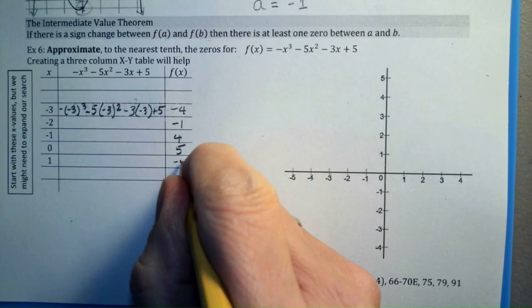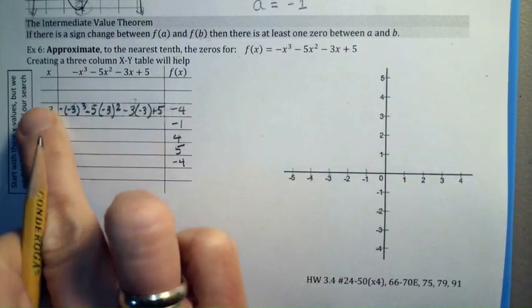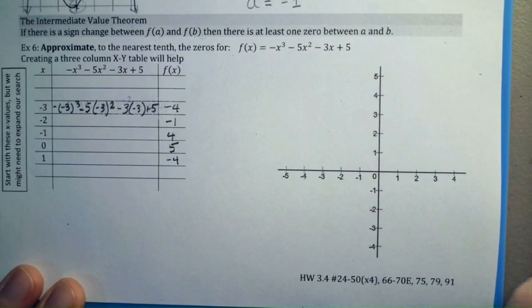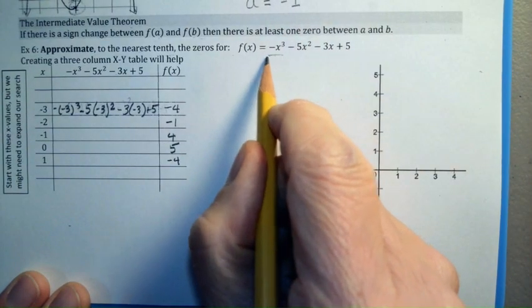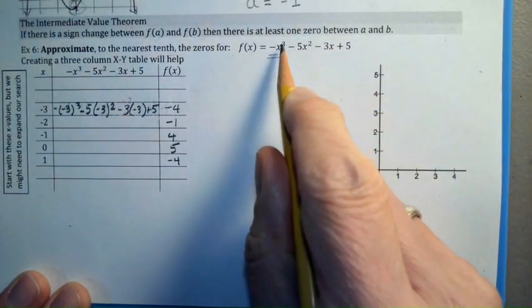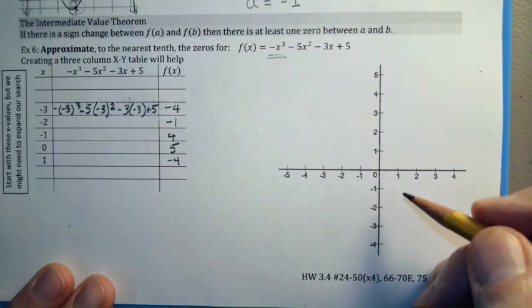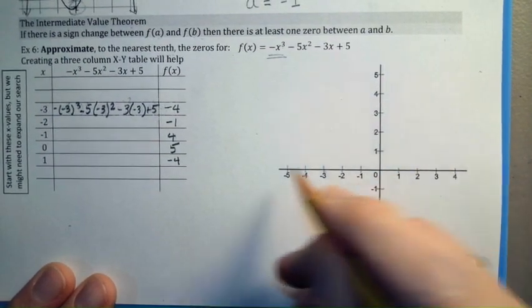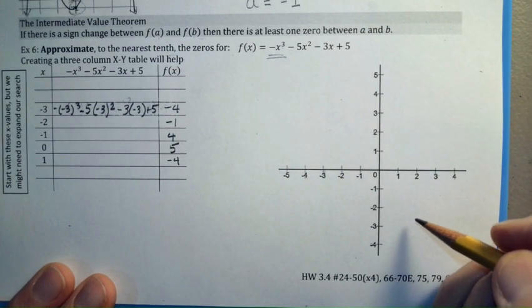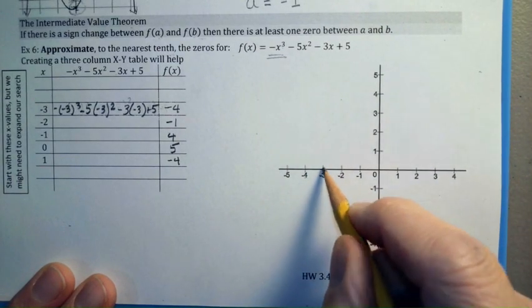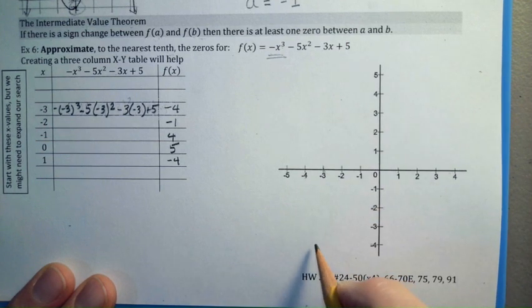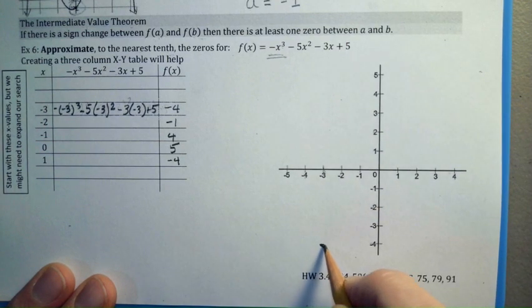All right, so let's plot those 5 points. We know kind of what the shape should be because of the degree and the leading coefficient being negative, and we'll use that to help us decide what other points we should look at. So let's start. At negative 3, we're at negative 4, so we're somewhere around here.